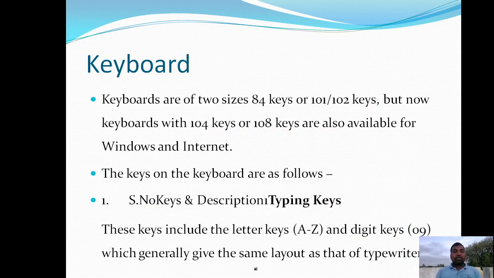The keyboards are of two sizes: 84 keys, or 101 or 102 keys. But now keyboards with 104 keys or 108 keys are also available, for Windows and internet. So the initial keyboards were of two types, the 84-key keyboard and the 101 or 102-key keyboard.